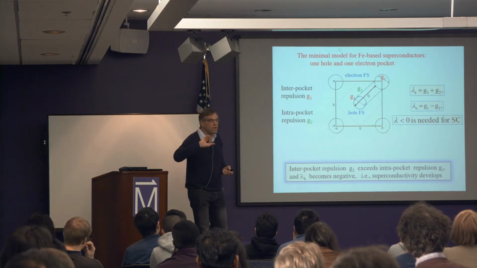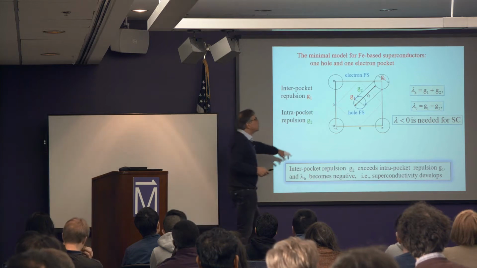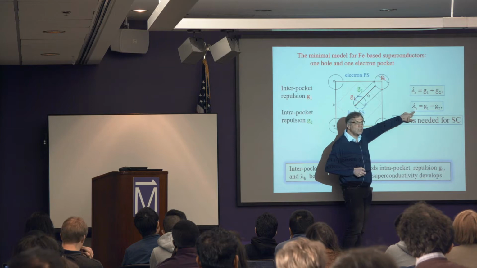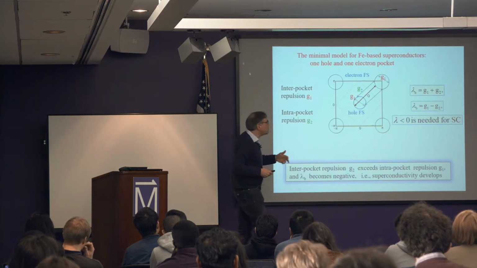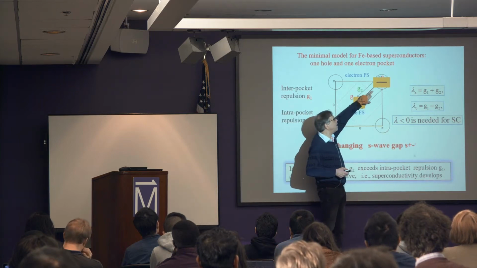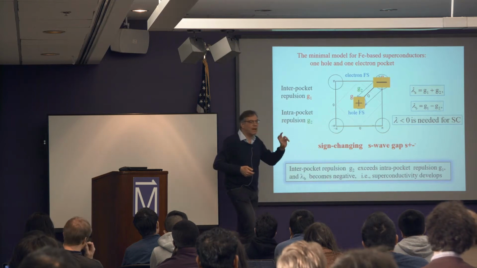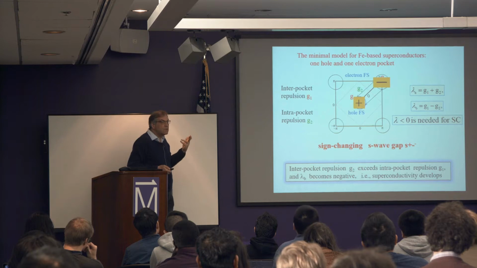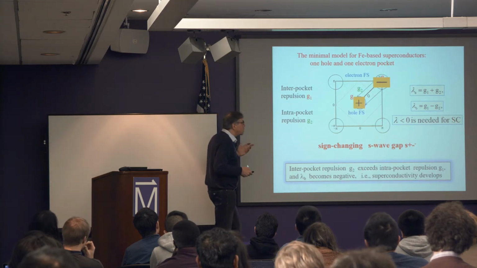You get it to second order almost instantly. Once you get it, this component becomes negative, meaning attraction, and then you can only ask what is the consequence? The consequence will be a pair state in which you change the sign of the gap, or the phase of the gap, between these two pockets. This will be plus-minus superconductivity. Very simple result, which doesn't require anything besides solving BCS equations.